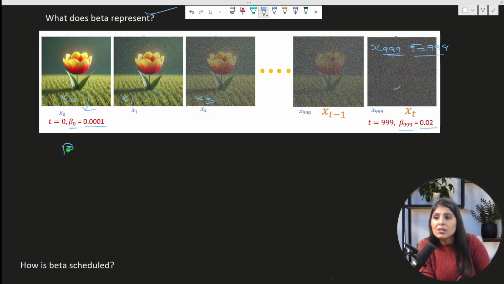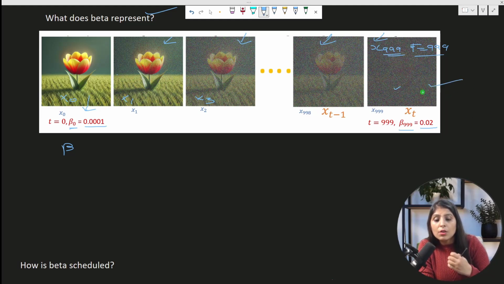Now what does this beta represent? Beta simply controls the amount of noise added to the image at each time step. Means how much noise you want to add in this image, how much noise here and here. At each time step you want to add some noise to finally get this kind of image, right?